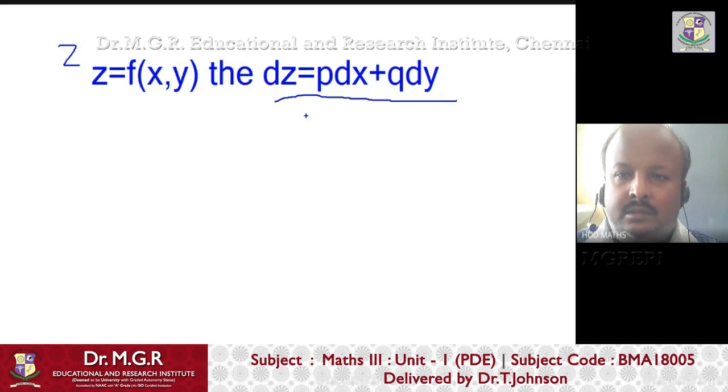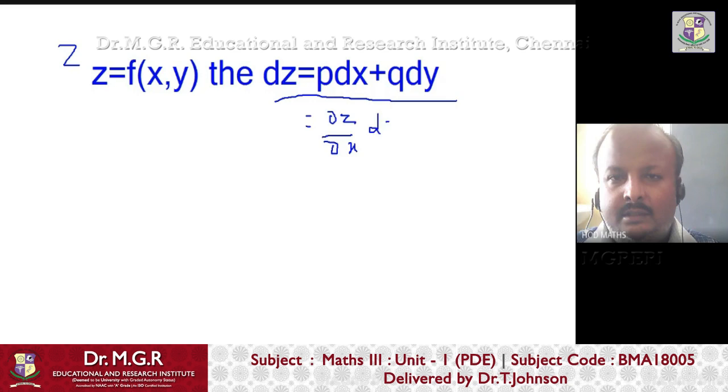How does it come? What is p? p is nothing but the rate of change of z with respect to x, multiplied with dx. And what is q? The rate of change of z with respect to y, multiplied with dy.